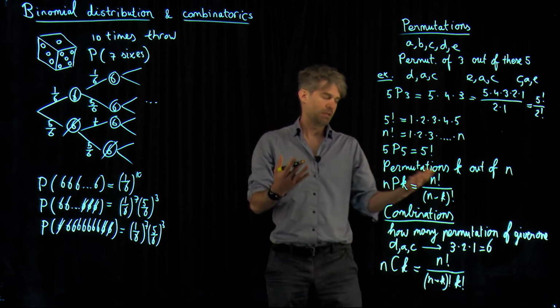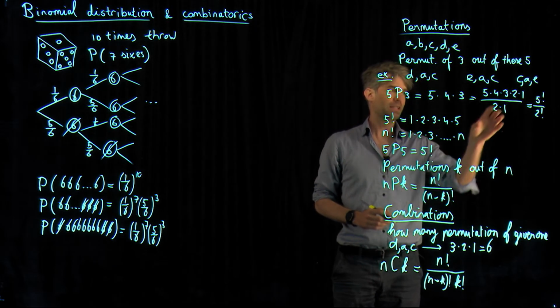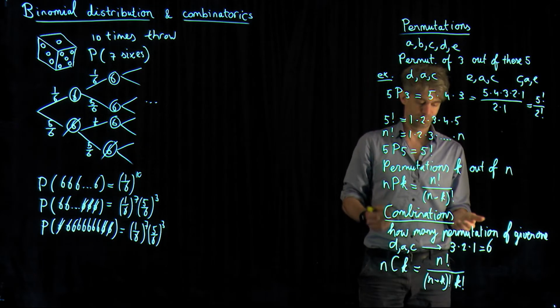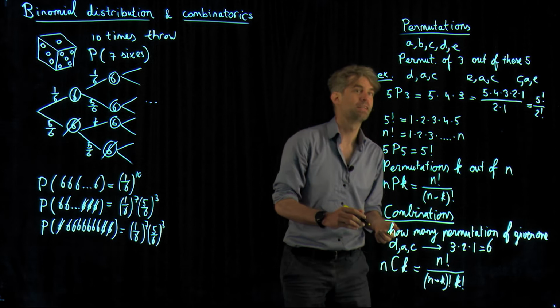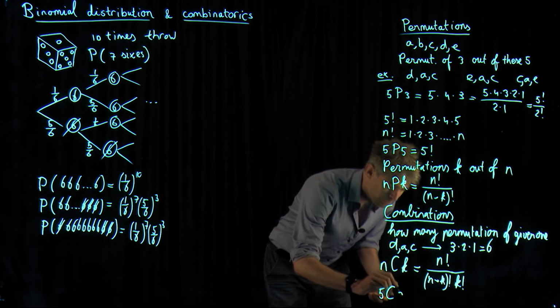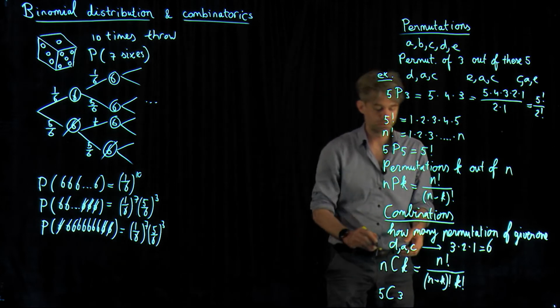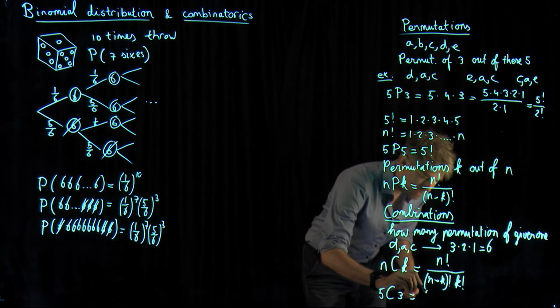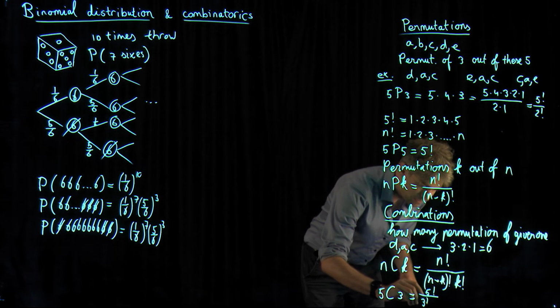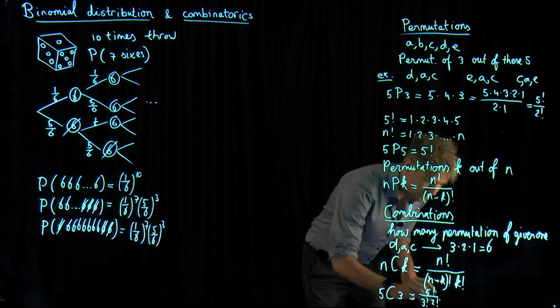Okay, so let's just take an example. If I want to compute the number of combinations of 3 out of 5, this would be 5 factorial divided by 3 factorial and divided by 2 factorial as well.